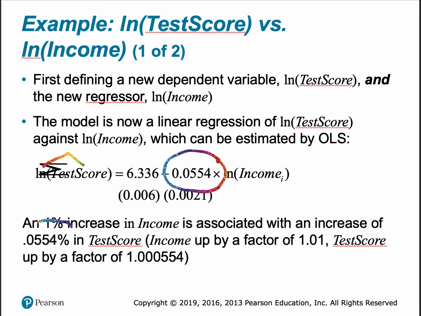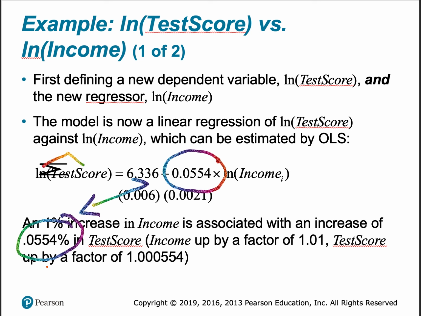A 1 percentage point increase gives us a 0.0554 percentage point increase in test score. In other words, if income is up by a factor of 1.01, then test score is up by a factor of 1.000554.